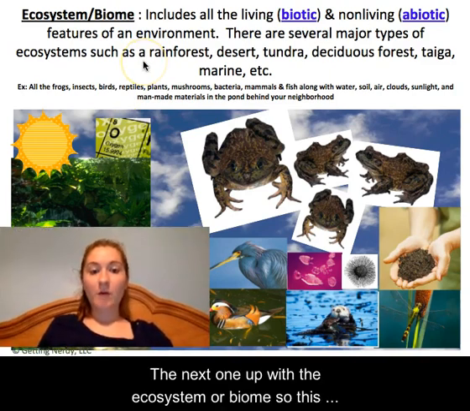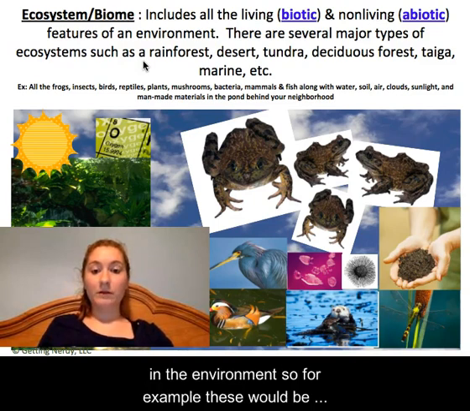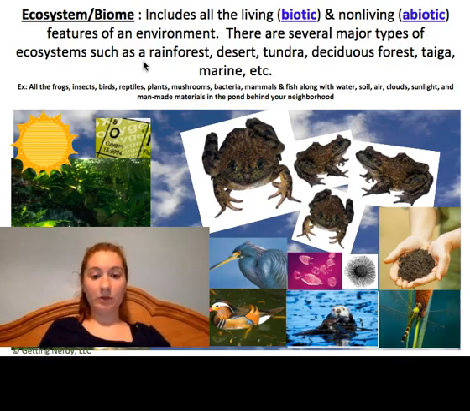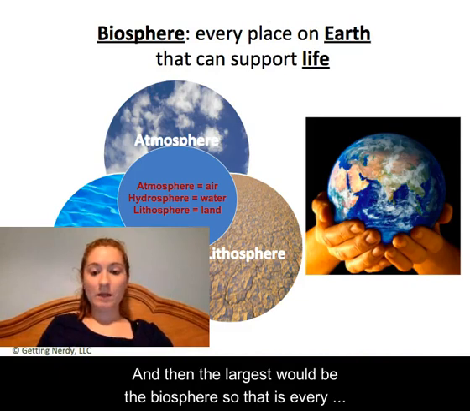The next one up would be ecosystem or biome. This includes all the biotic living and non-living abiotic features in the environment. For example, these would be rainforest, desert, tundra, deciduous forest, taiga, and marine, etc. And then the largest would be the biosphere.